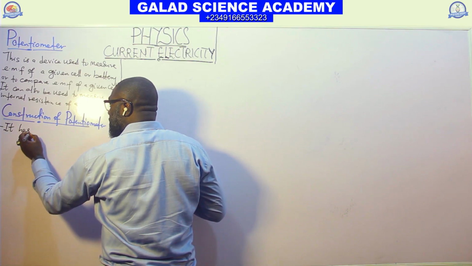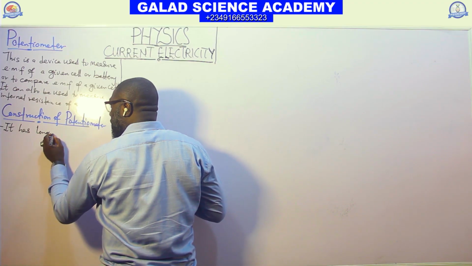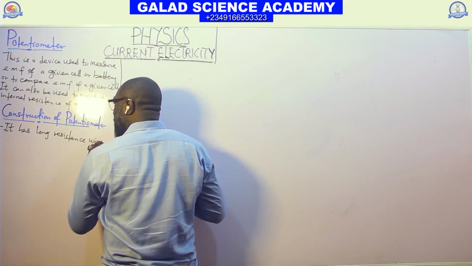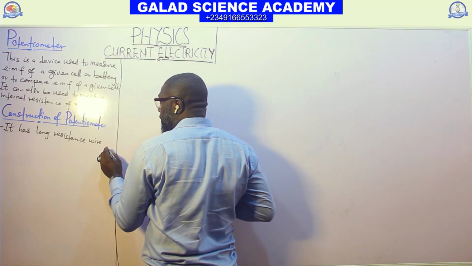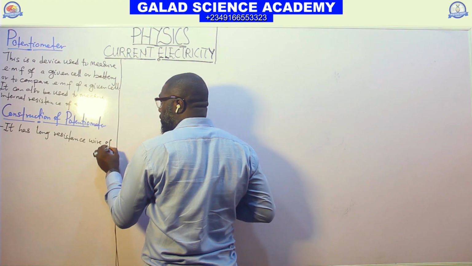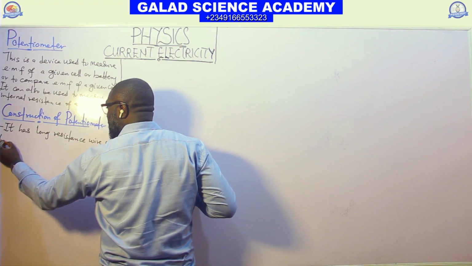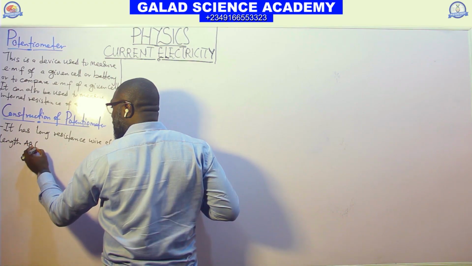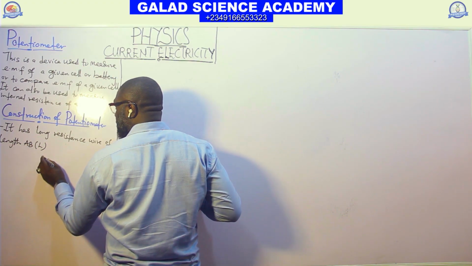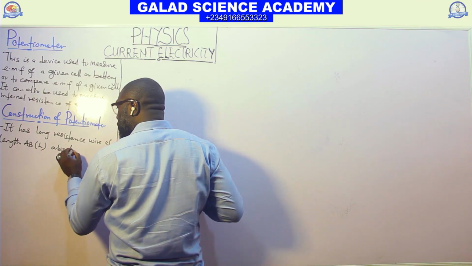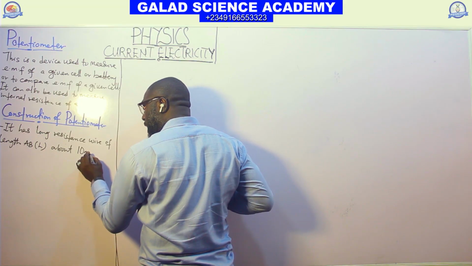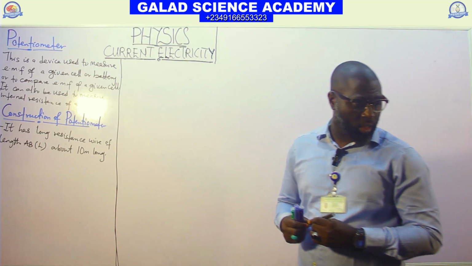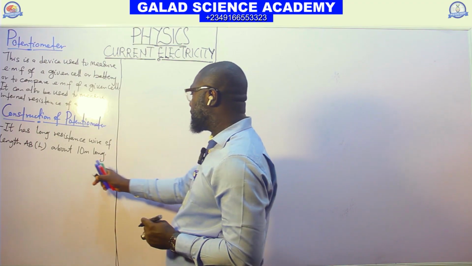It has a long resistance wire of length AB, which is known as L, and it is about 10 meters long.